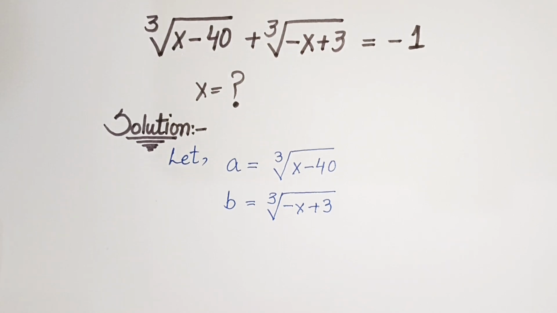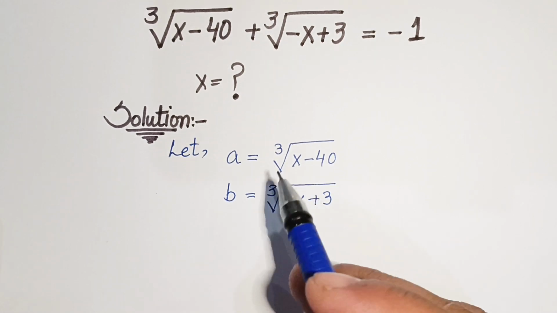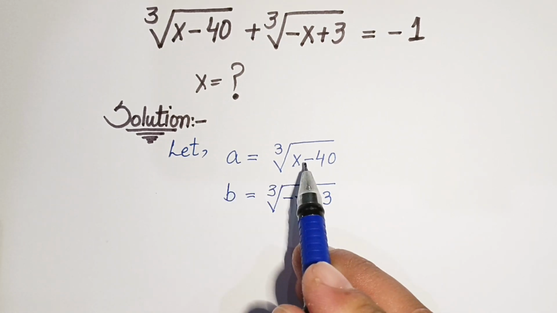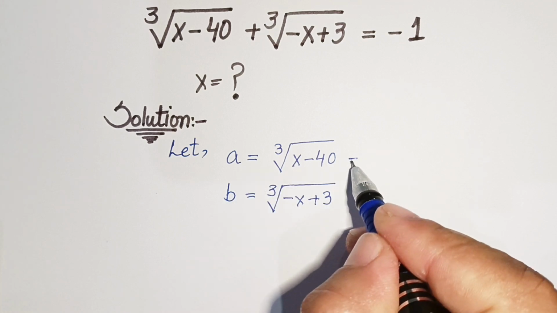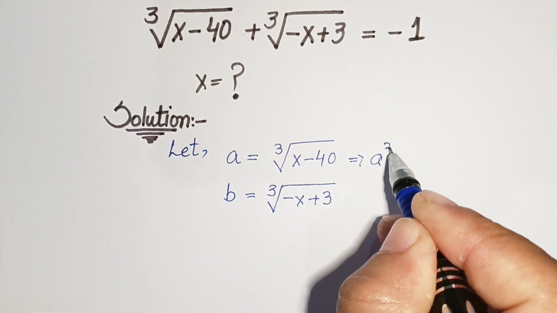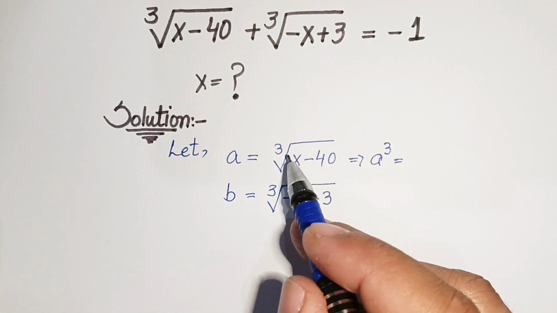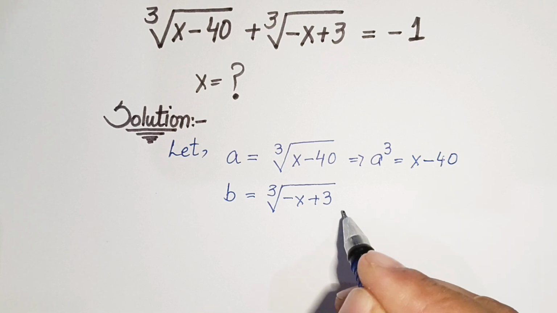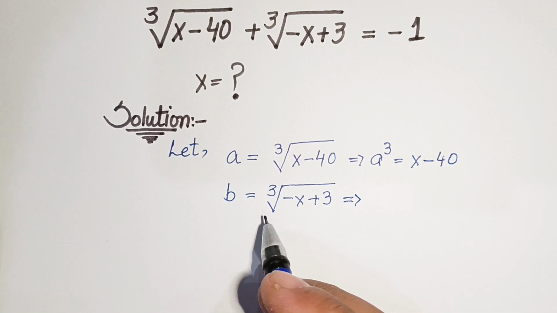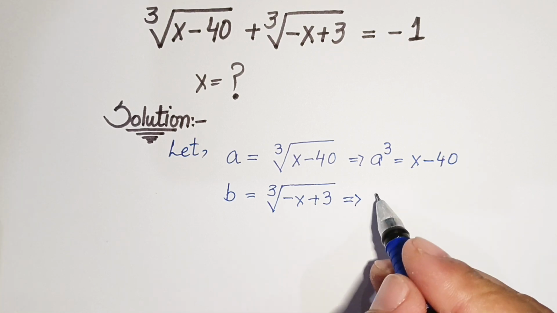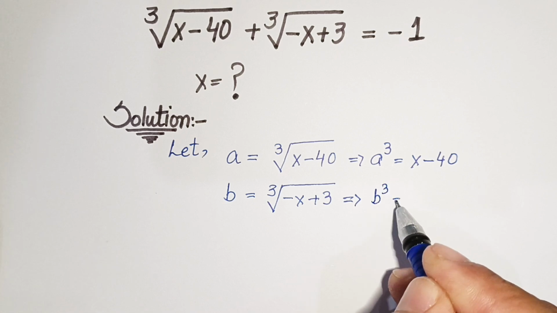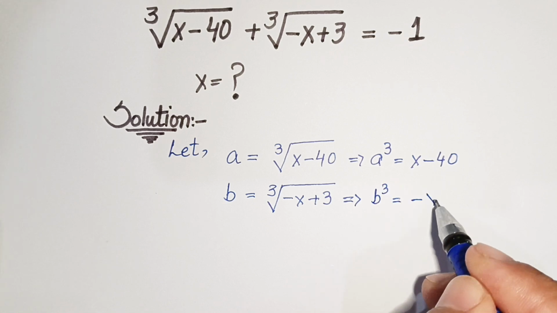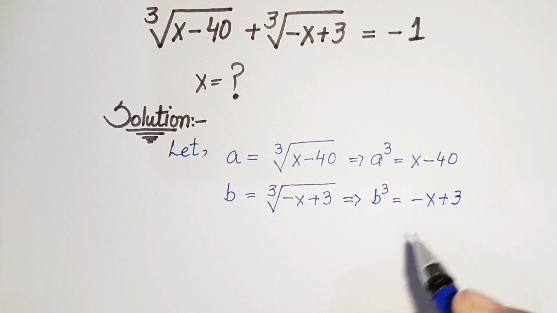Now if we take cube on both hand sides, a cubed is equal to, cancelling cube with cube root, x minus 40. Similarly, taking cube on both hand sides, b cubed is equal to minus x plus 3.